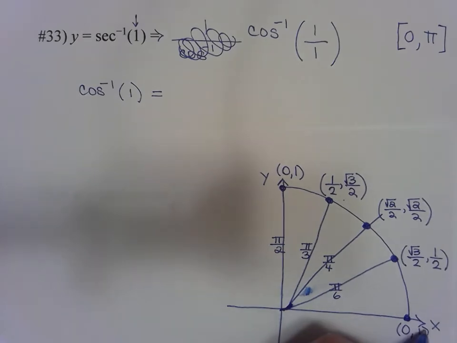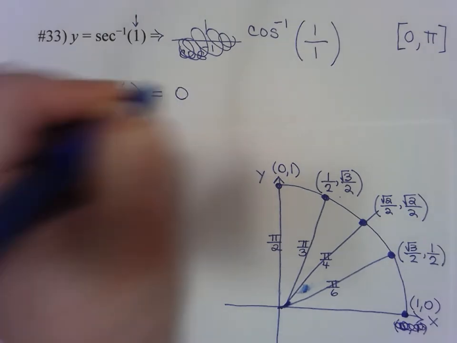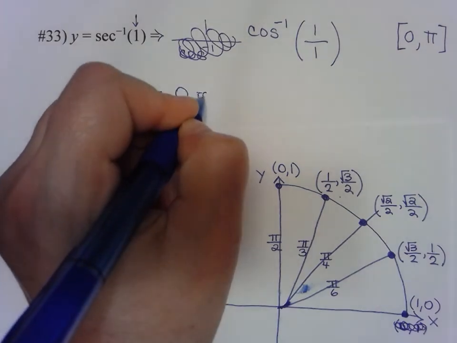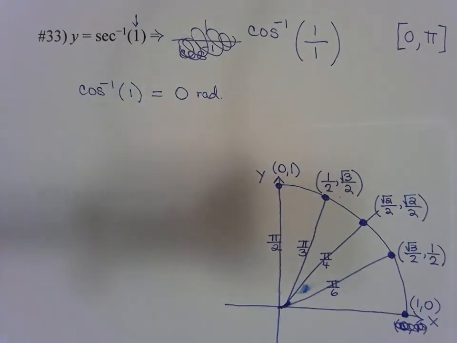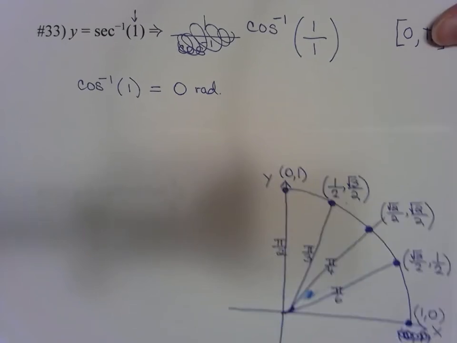So I have this written backwards. Okay, so this would be where the cosine is 1. So that's at 0 radians. Okay, and really that's all there is to it. I'll add radians since we're talking about radians here. Again, you could do these in either degrees or radians, but right now we're just going to use radians.